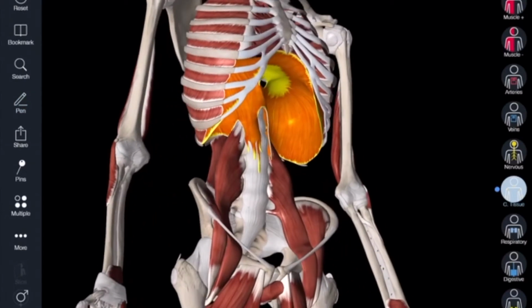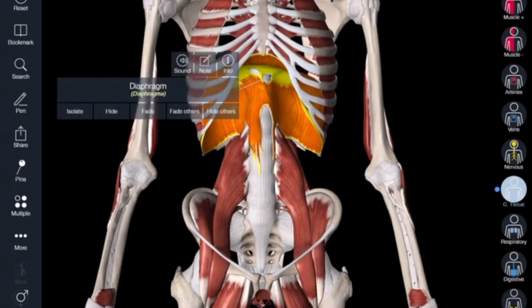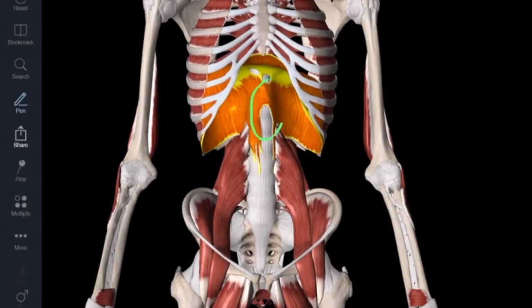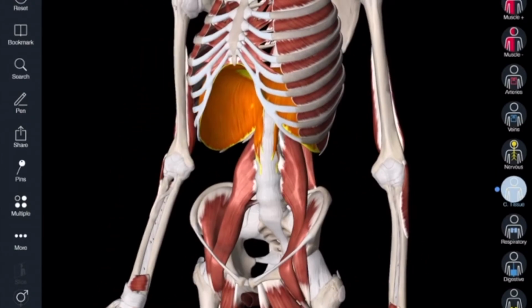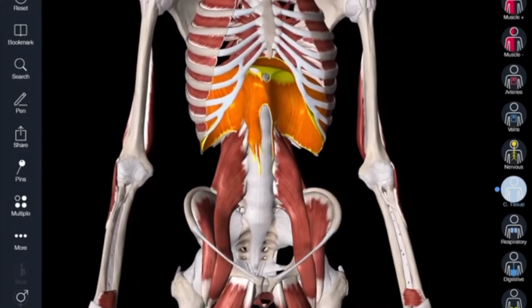And then if we look inside here, we can see it attaching to the bodies of the lower thoracic and upper lumbar vertebra in through this region here. See how it has these little parts that reach down to get a good solid purchase on the bodies of the lumbar vertebra.